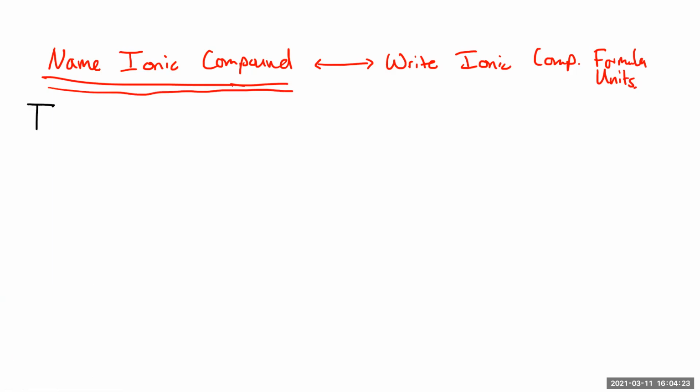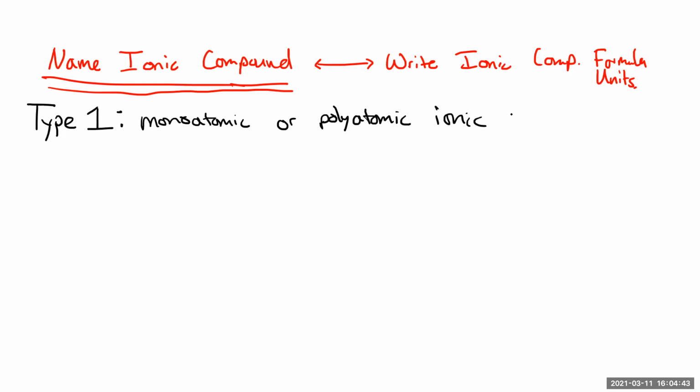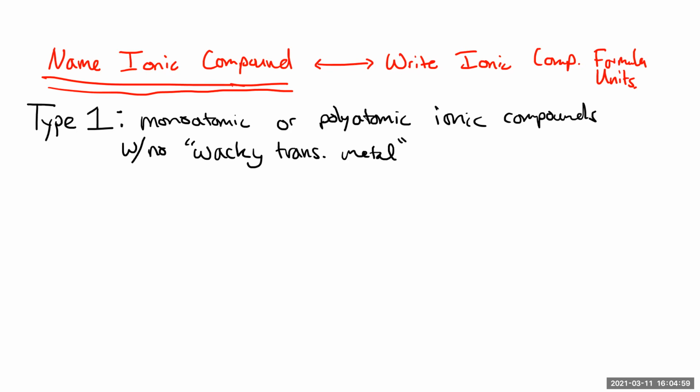We'll say that there's kind of type 1, and I think your book breaks it down in this fashion. Type 1 are monoatomic or polyatomic ionic compounds with no wacky transition metals, those metals that have the possibility of two or more possible charges.